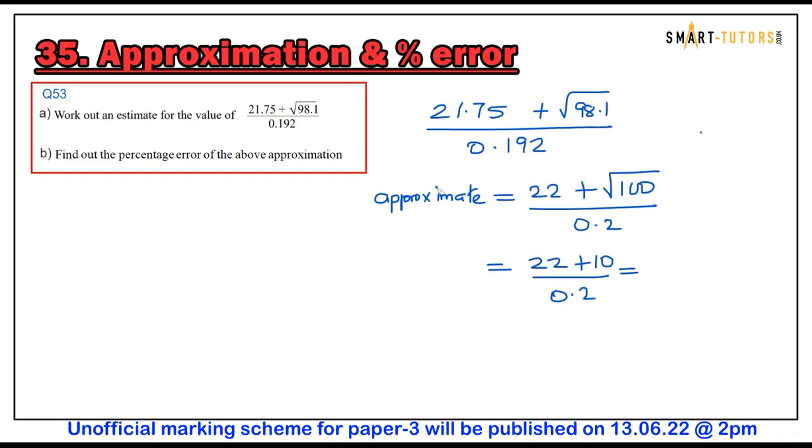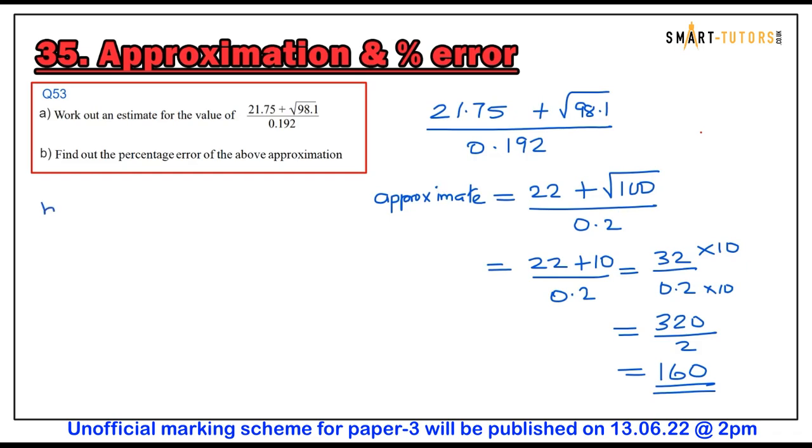That is going to be 32 over 0.2. I'm going to multiply by 10, by 10. The approximate answer is 320 over 2, and I got 160 as the approximated value.